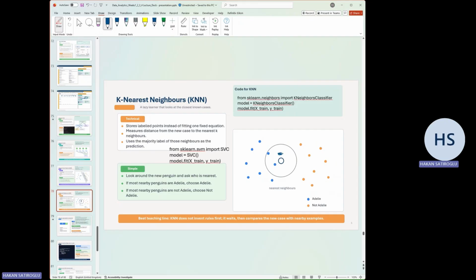So what we are checking is which one is the nearest. This is 3 centimeters, this is 2 centimeters, this is 0.5 centimeters. So this is the nearest one. Then we say, yes, likely this is going to be the blue species.